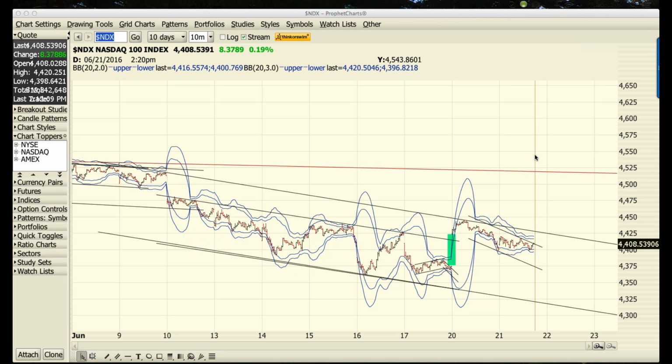Then we got into a couple of NDX trades where the follow through on the signal wasn't as significant as we had hoped. And so what we were able to do is manage those trades. We were able to cover them.